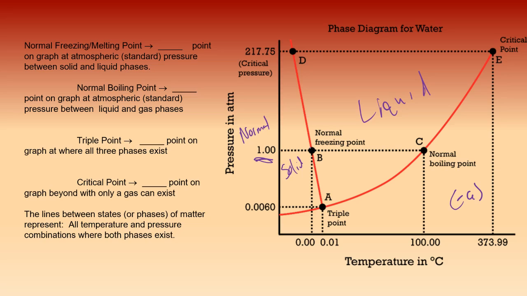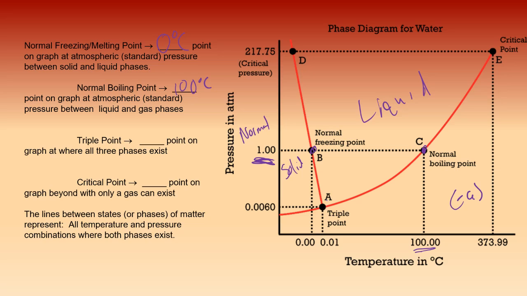So where solid becomes liquid at 1 atmosphere is considered the normal melting and freezing point. That is 0 degrees Celsius for water. The normal boiling point, still at 1 atmosphere, is where things change from liquid to gas. That would represent that point, and that is 100 degrees Celsius.